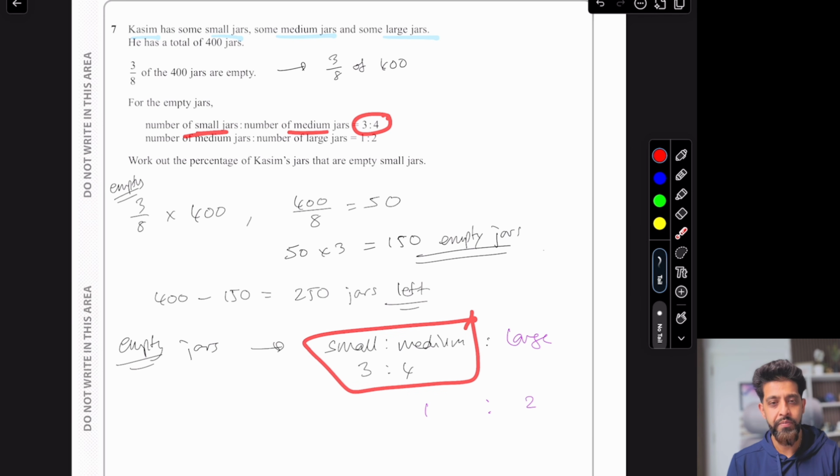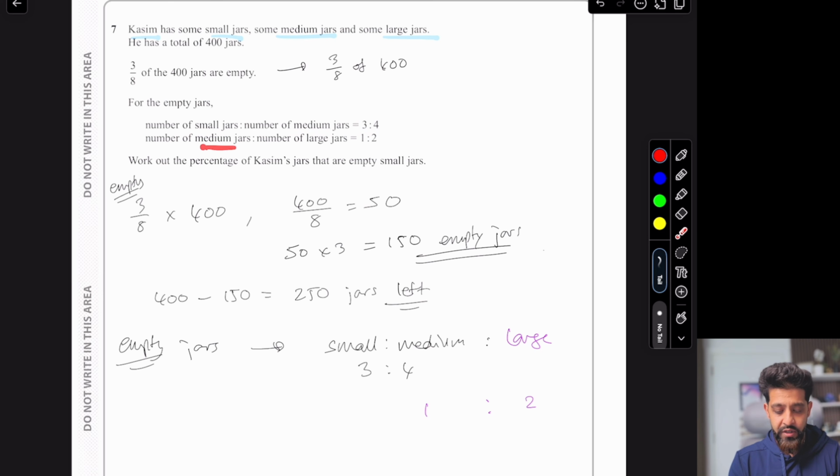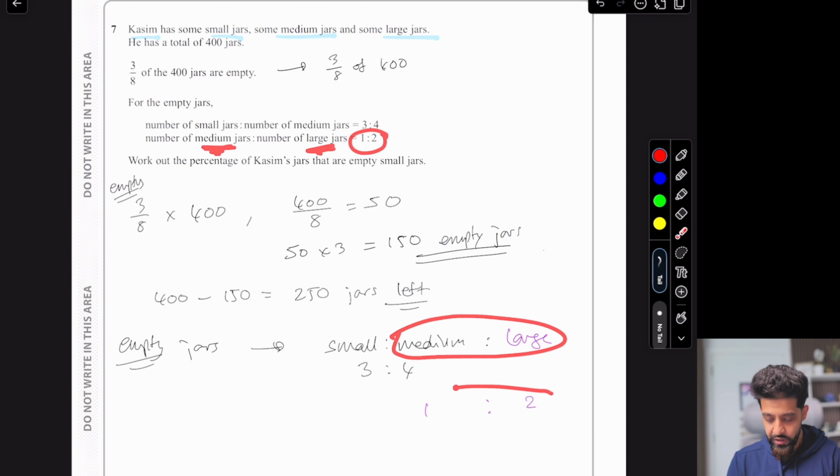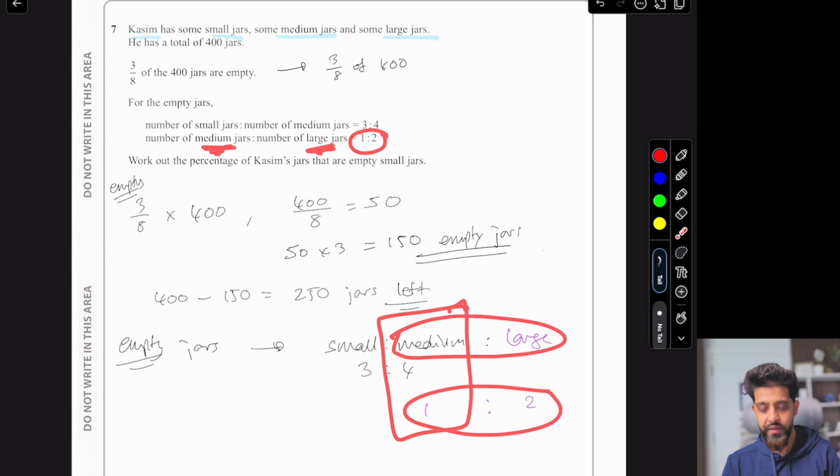That's that comparison. The second line is comparing medium jars to large jars, which is in the ratio 1 to 2. Medium is the common thing here. That's why I've got them underneath each other. And you'll see what I do with that later.